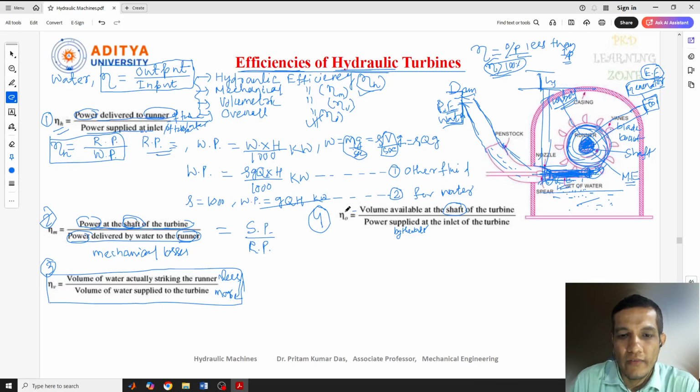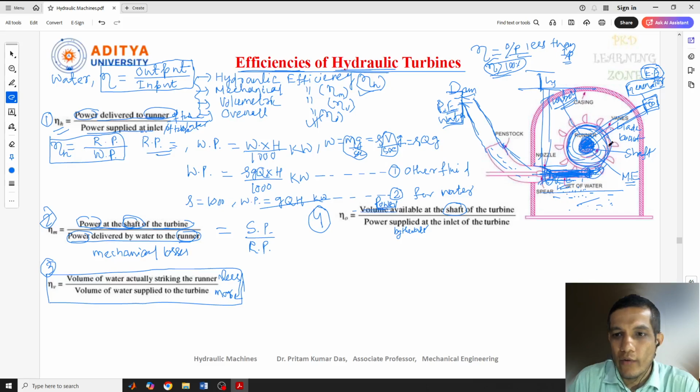Here it is the ratio of power available at the shaft of the turbine, not volume, to the power supplied by the water. The shaft is where the final output is, because the shaft is connected to the generator and there the electricity will be produced.